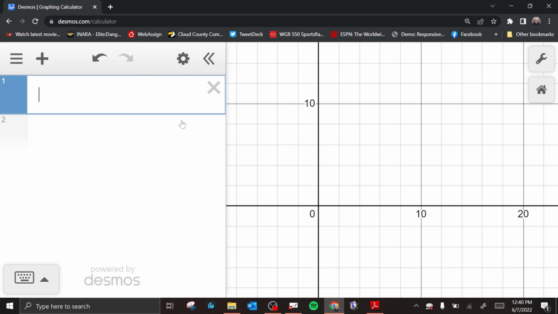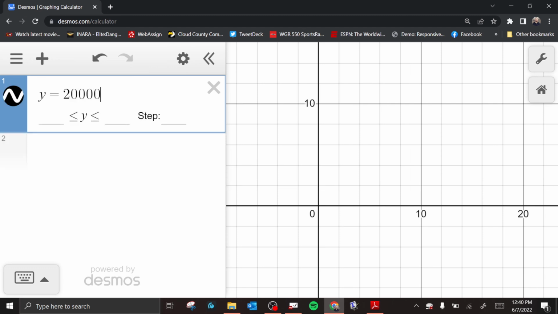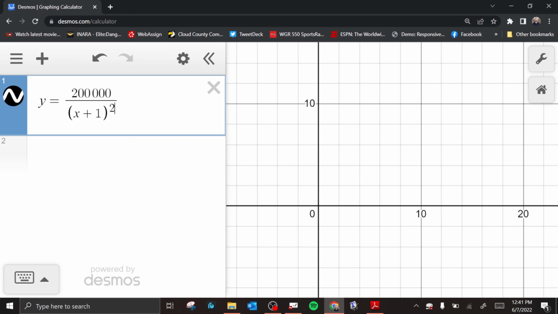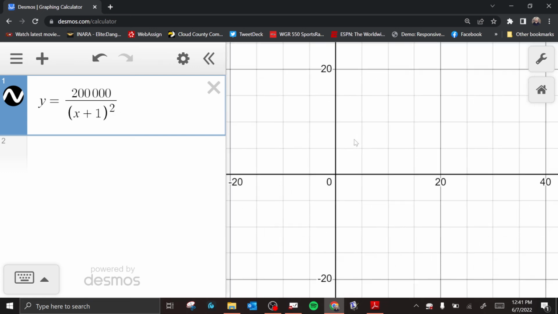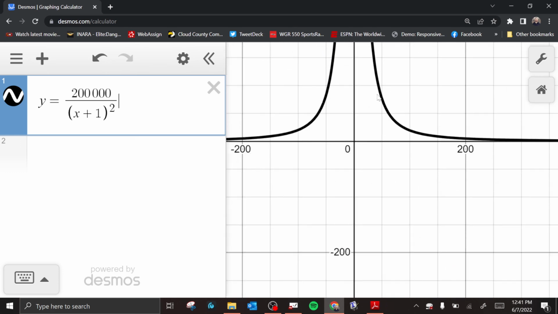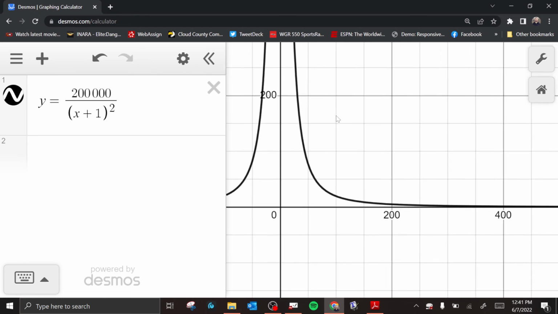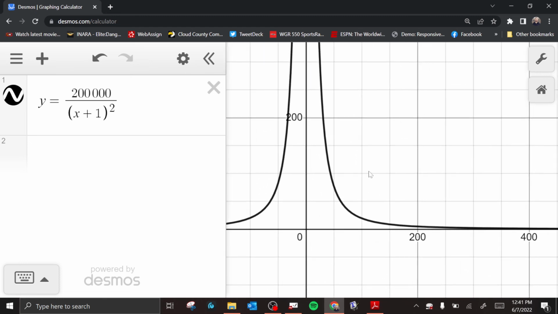So I'm just going to do y equals 200,000 divided by, and we can do x plus 1, close the bracket, raised to the second power, and it's going to graph it. And you'll notice that my graph doesn't show up. So I have to go way out here, okay? So you can kind of see what happens. This is the graph that we're looking at.